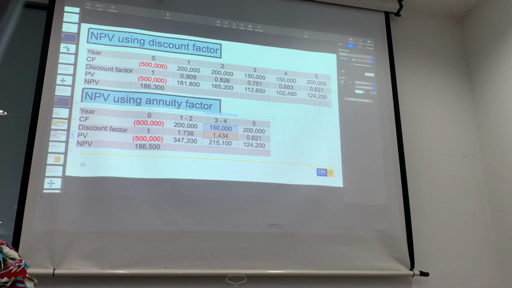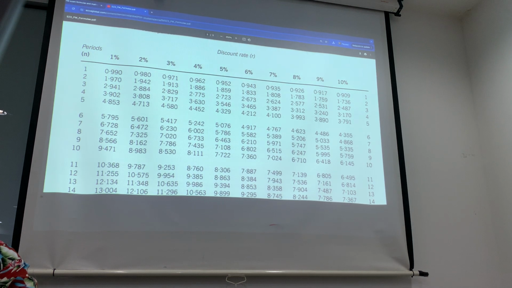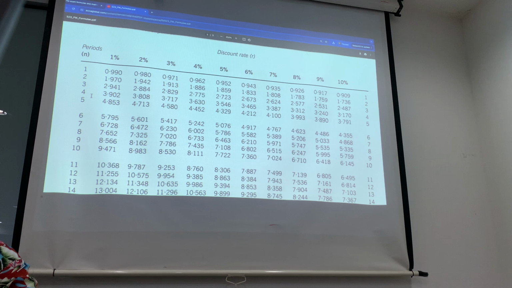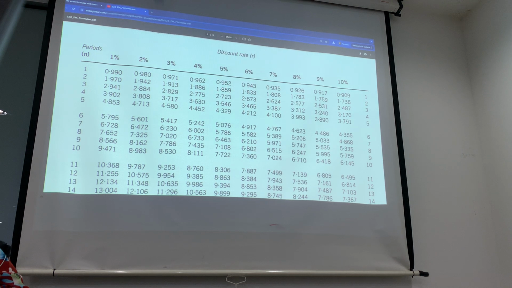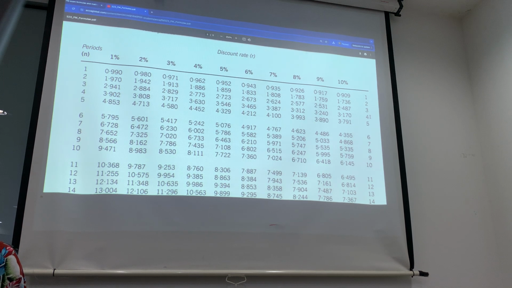Now look at this one here, year 3 to 4. So I go to year 3 to 4, it's 3.17, am I right? But 3.17 is year 1, 2, 3, 4. I need year 3 and 4. So what I do is I take this 3.17 minus 1.736. I repeat again. This number 3.17 is year 1, 2, 3, 4. But I need year 3 and 4 only.